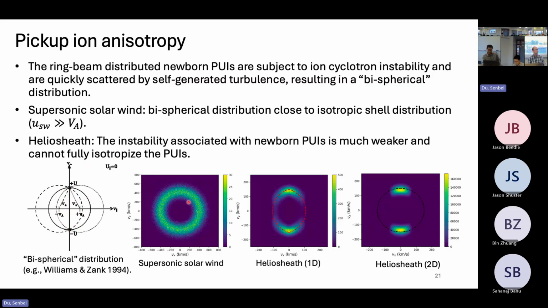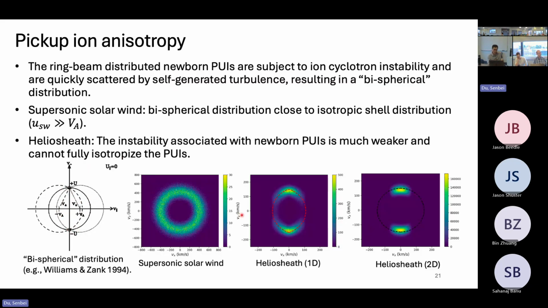And we can see that basically if we put in initially a ring distribution just perpendicular to the magnetic field, then after some time it's scattered to almost an isotropic shell. So that's the second panel on the left. But for the heliosheath, the difference is that now the velocity is lower and it's much closer to the Alfvén speed.